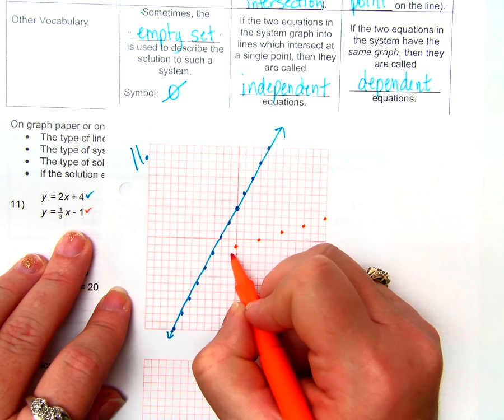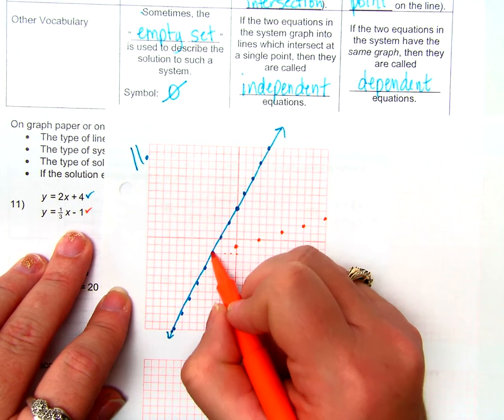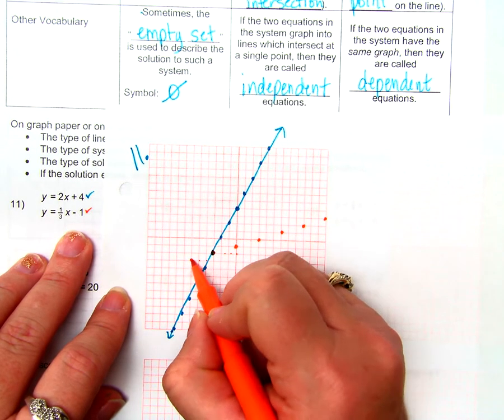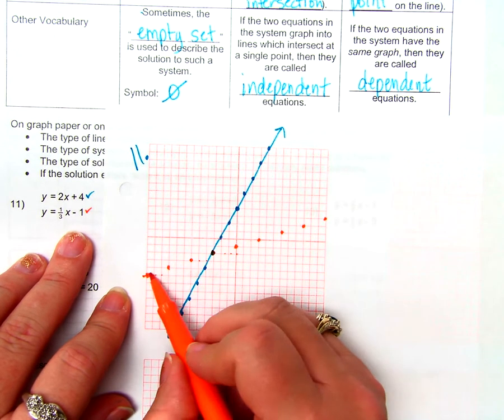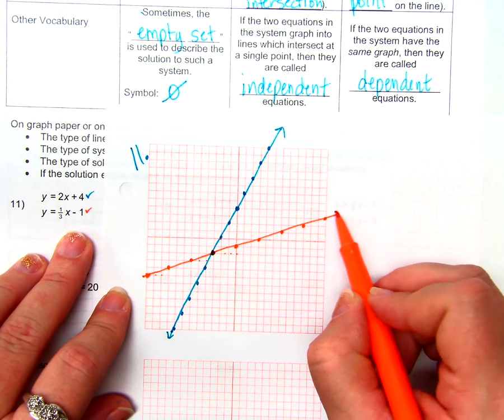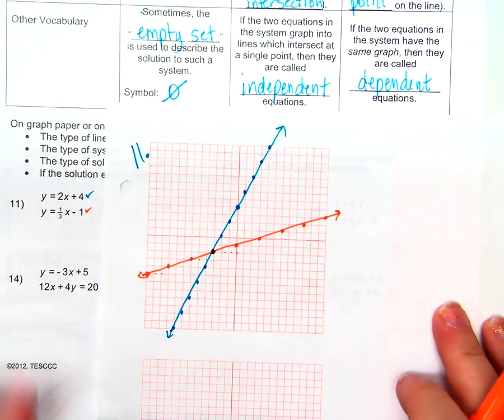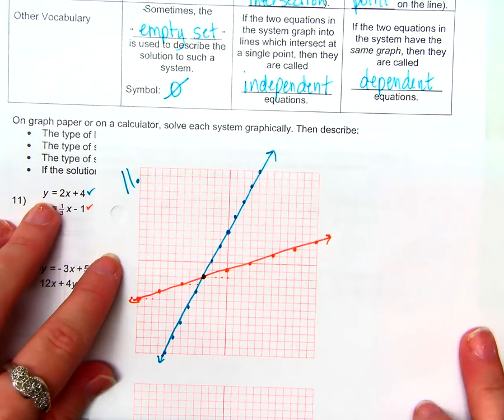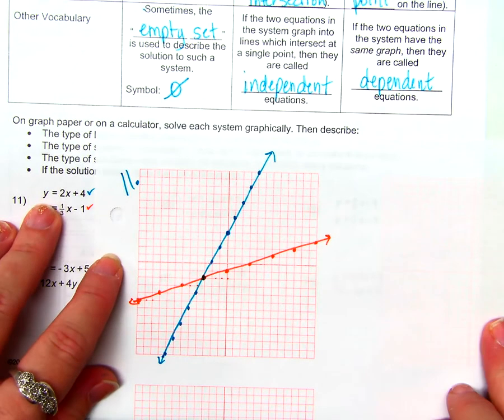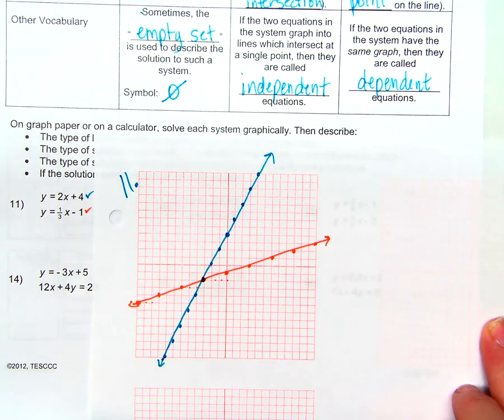Or fall 1, whoops, 1, 2, run backwards 3. Okay, so the first thing it asked me to do is graph it. Solve it graphically. I did that, right? I graphed it. Now it wants 4 things.